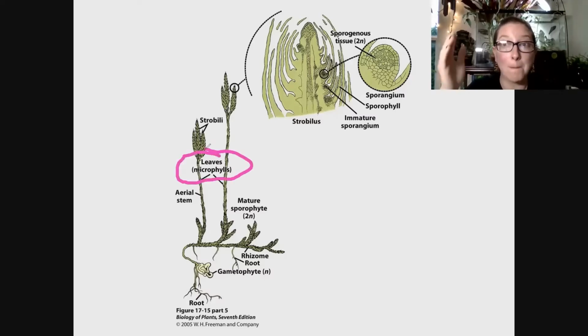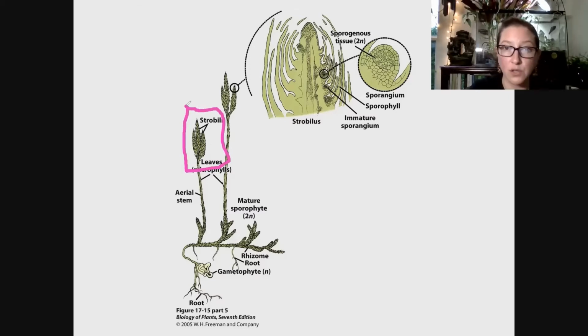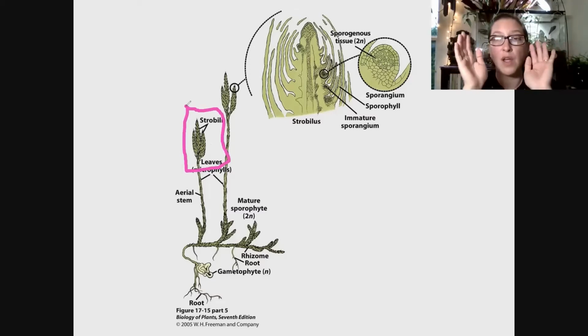So the leaves are microphylls, right? A leaf that's simple with one vein. However, at the top of the stem, in this case, are these structures called strobili, which we just learned are where there are leaves that have sporangia on them.